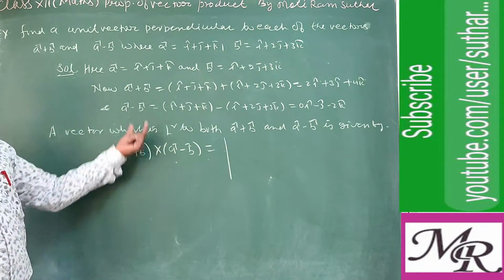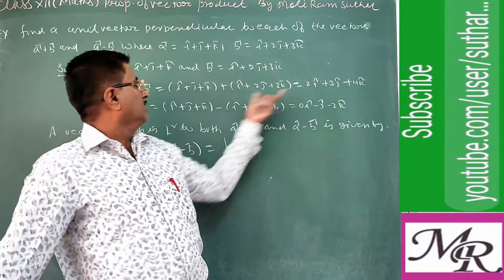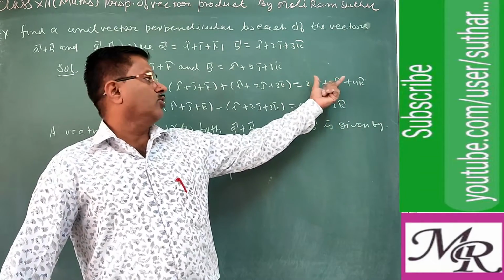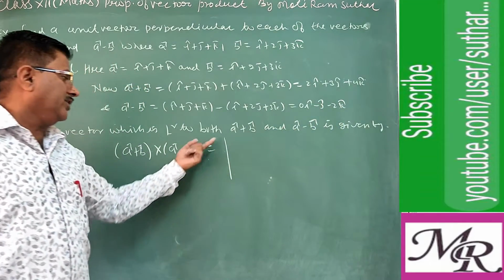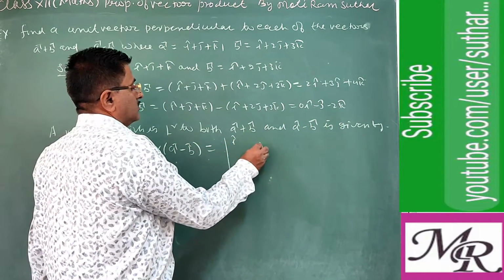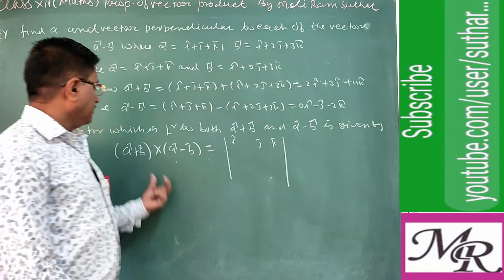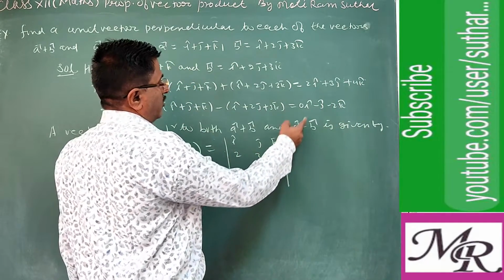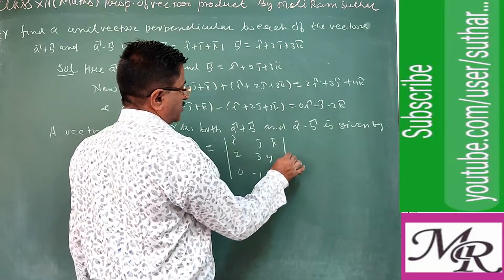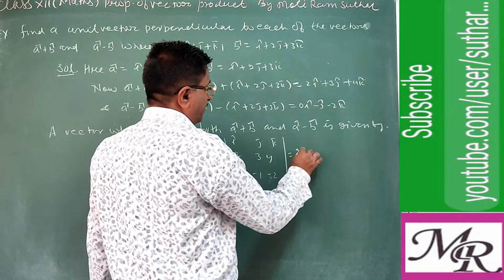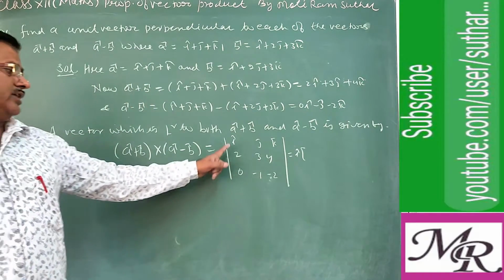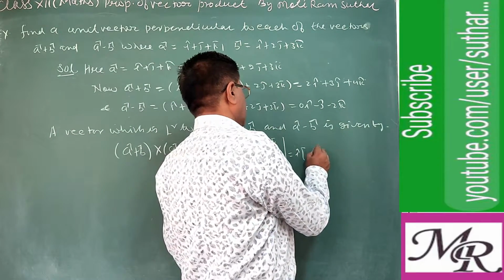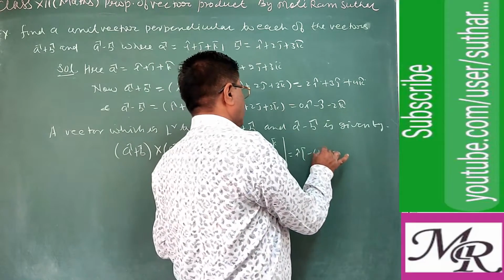Now this is a plus b, we get a single vector, suppose this is c. A minus b, that we get, suppose d vector. So now we want to find the cross product of these two. So by using the determinant i, j, k, and the coefficients of vector a plus b: i, j, k, 2, 3, 4. Then the coefficients of this: 0, minus 1, minus 2. And solve this by expanding along the first row. So 3 into minus 2 is minus 6, then minus minus plus 4.